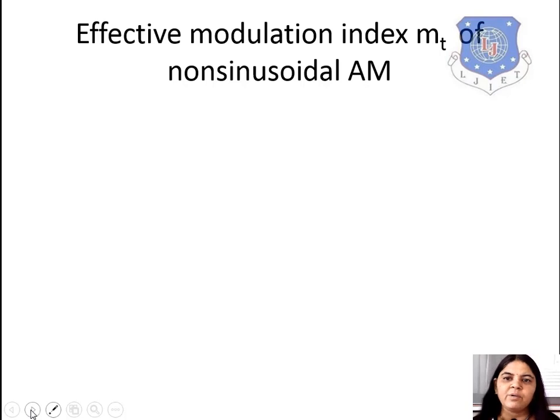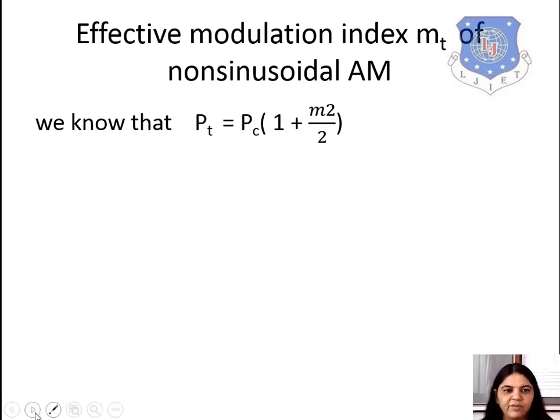Now the effective modulation index MT. Whenever we have M1, M2, M3, M4, then what is the value of the total modulation index? So now here we will learn how to find out this value of MT. We know that PT equals PC in bracket 1 plus M square by 2.